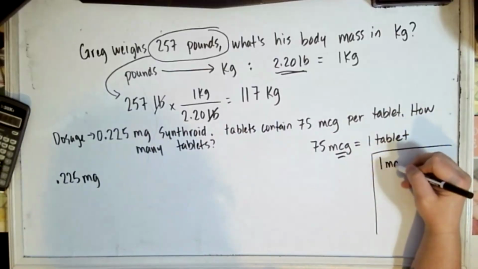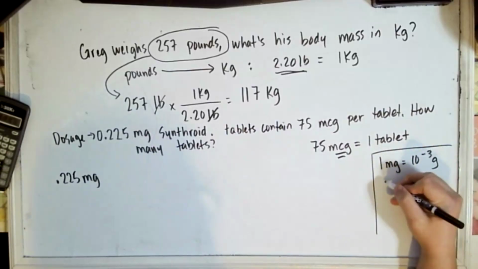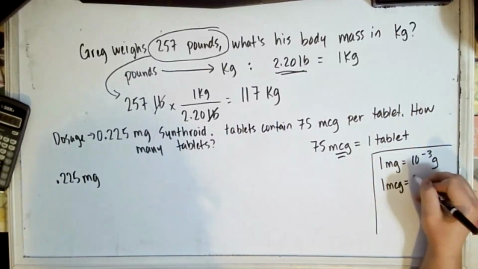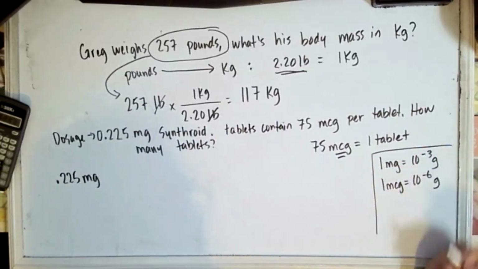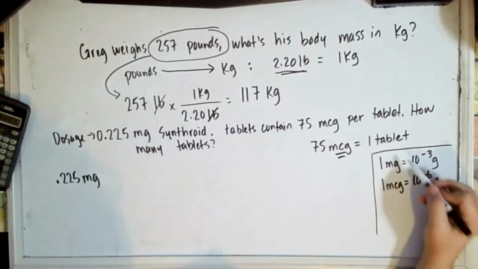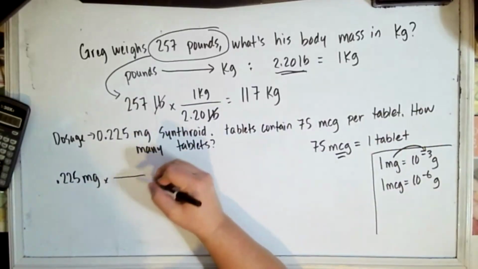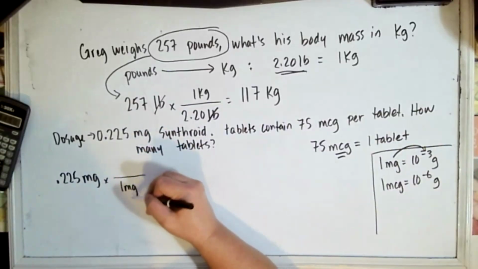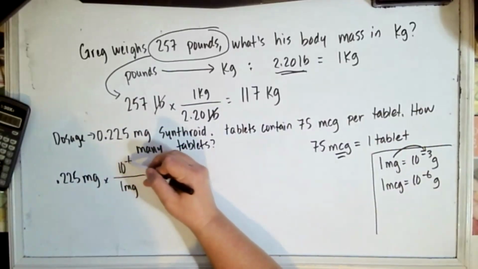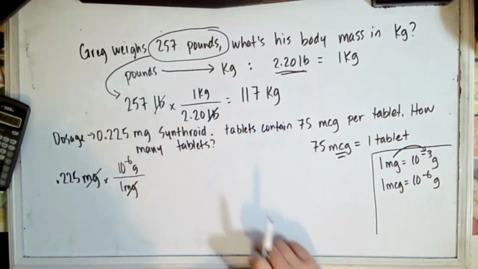every 1 milligram is 10 to the negative 3 grams. Every 1 microgram is 10 to the negative 6 grams. So I'm going to start with my milligrams and convert that into grams. And this time we'll build it in one chain.